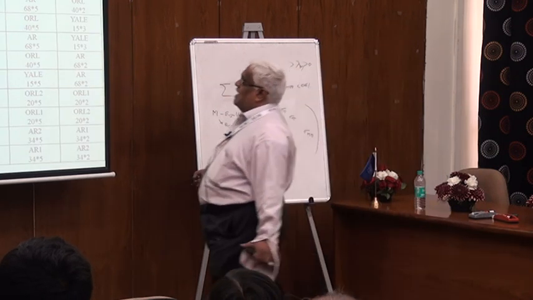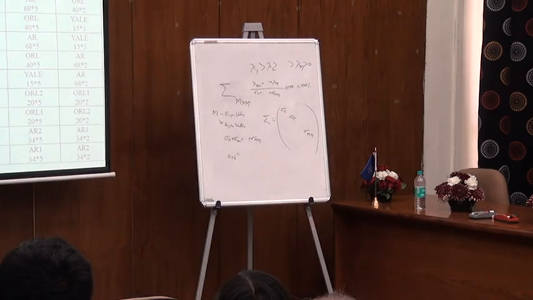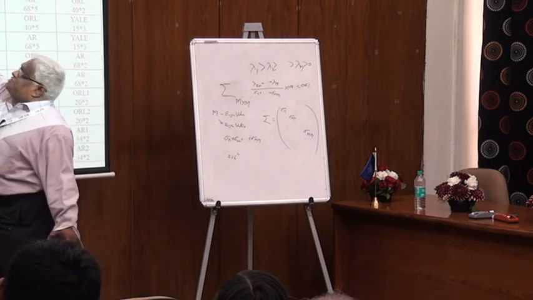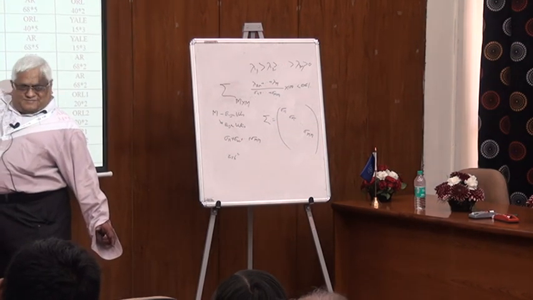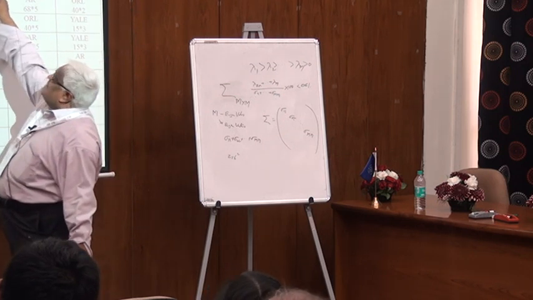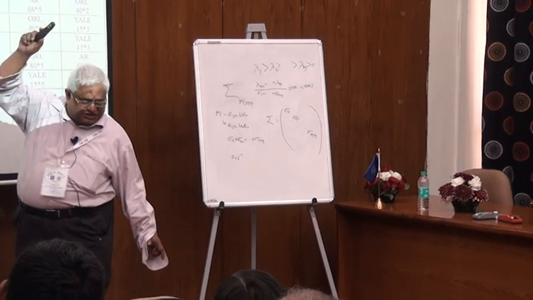So basically, what is happening? I have a training set of 40 images. Then I have this many imposters to get the value of FAR, the false acceptance rate. I have this many clients to get the value of FRR, the false rejection rate.